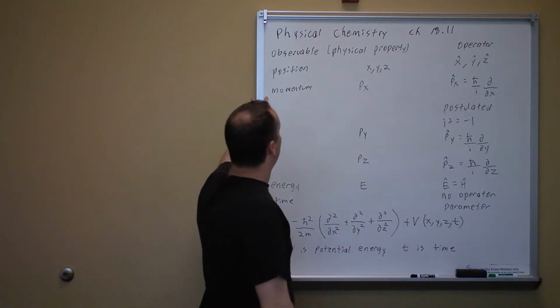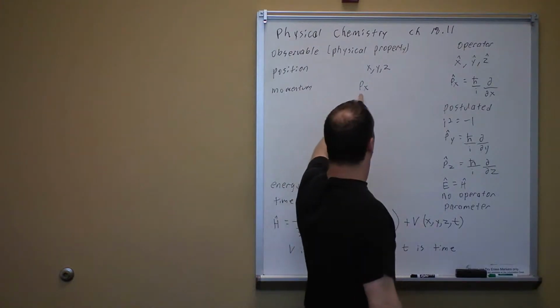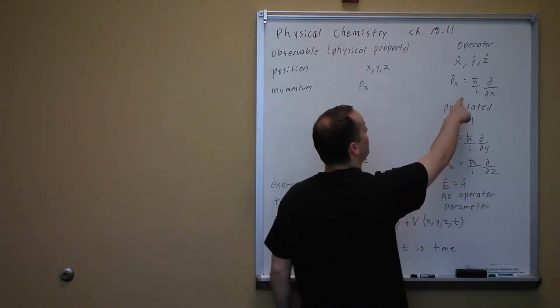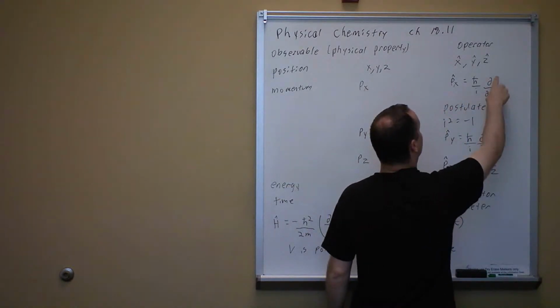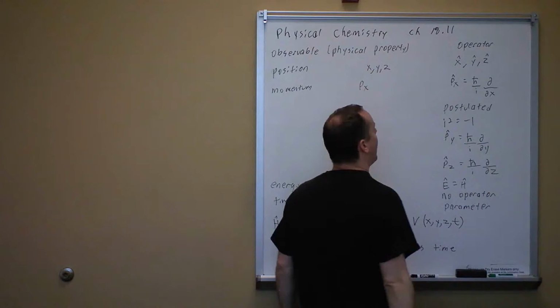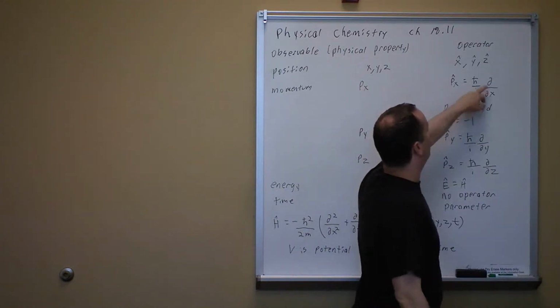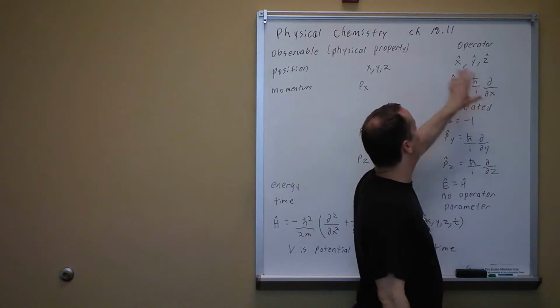You have the equivalent for momentum. You have p hat of x for the x component of momentum, and that's just h bar over i times the derivative with respect to x. Now remember, this i is the square root of -1, and of course this here is postulated.